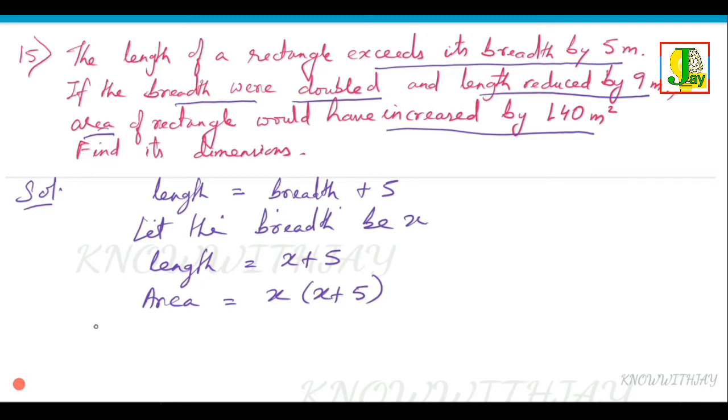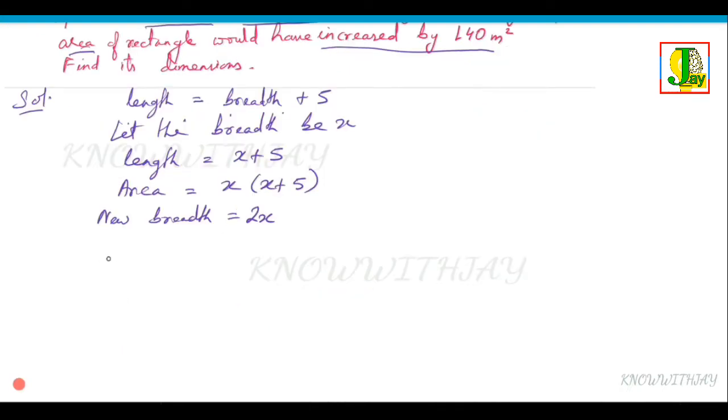Okay. Now according to the problem, if the breadth is doubled, the new breadth equals 2 times the original breadth, 2x, and length is reduced by 9, so the new length equals the original length minus 9.